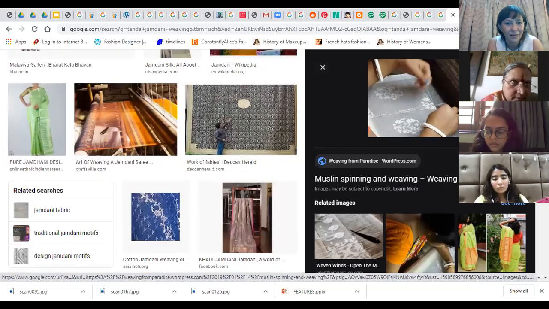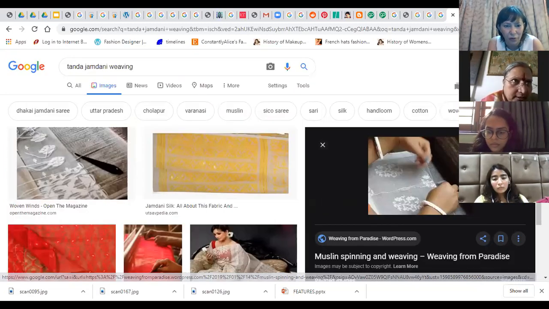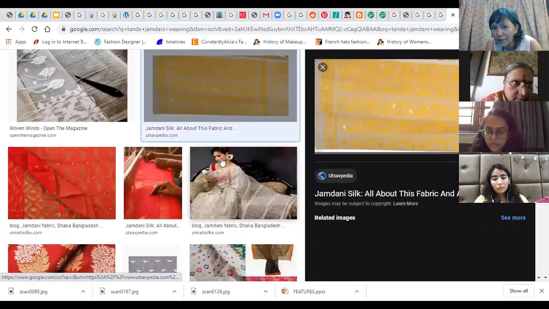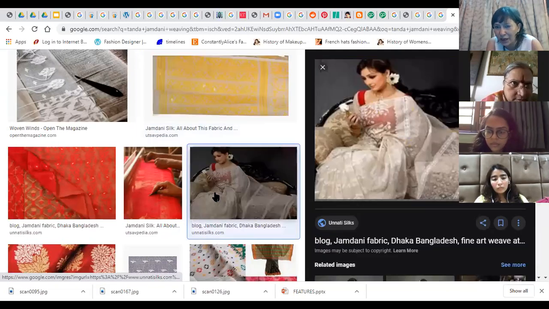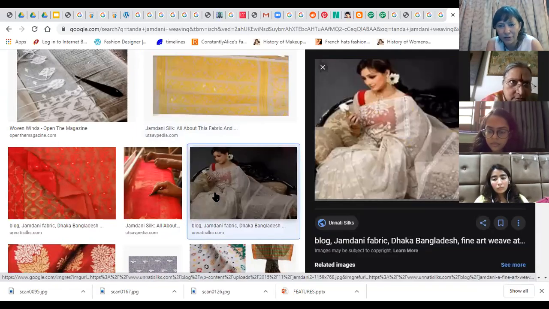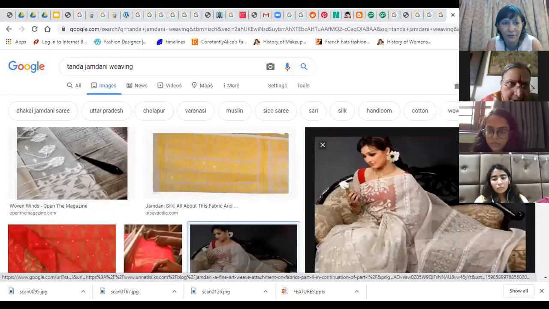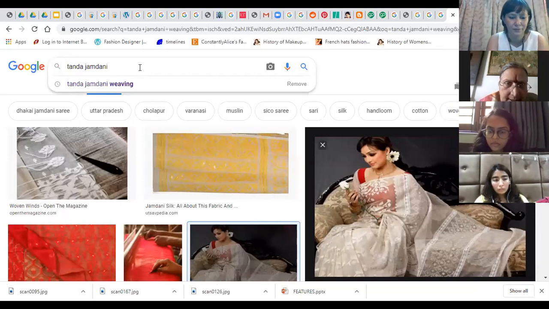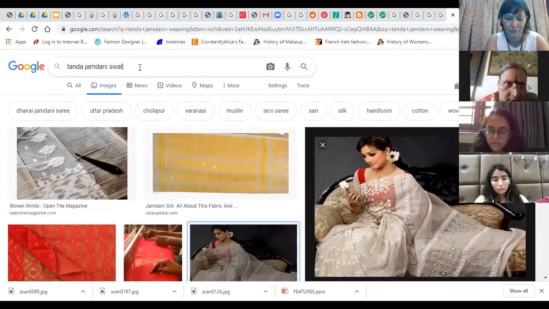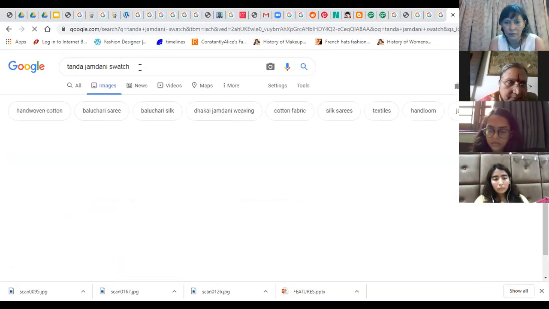I'll tell you which one is Tanda. Tanda is much finer work. And the jal is there, the konya is there. These are the basic elements that it will have.